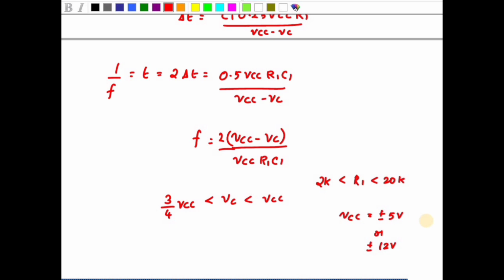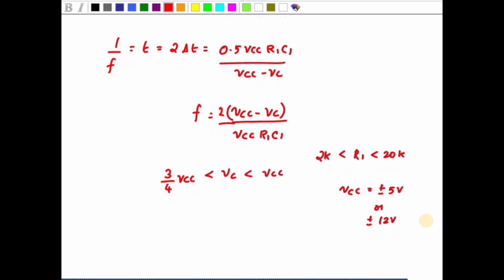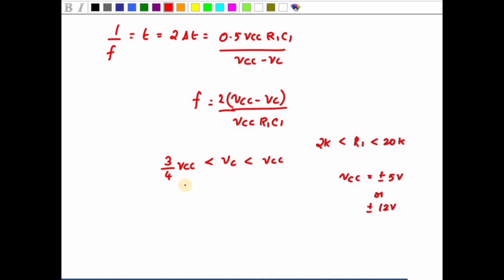Suppose in this one, I substitute VC equal to 7 by 8 of VCC. If that is the case, what will happen? This is my third equation and this is my fourth equation, so you substitute 4 in 3.